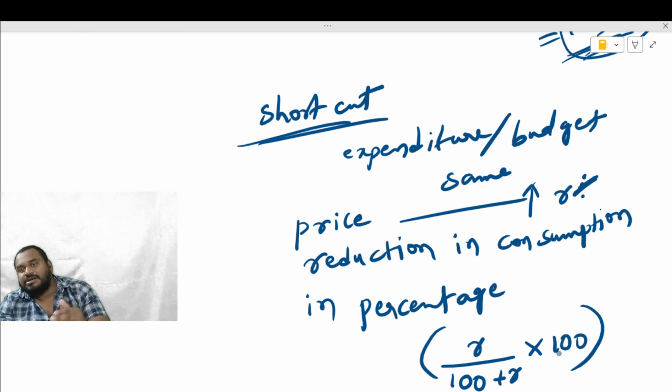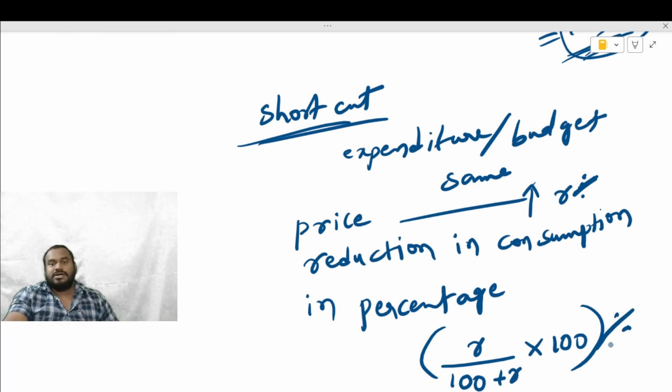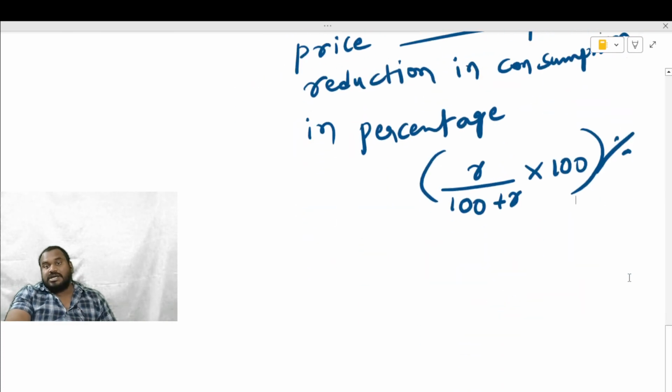R by 100 plus R into 100 is the percentage reduction in consumption. This is the formula. When price increases by R%, reduction in consumption is R by 100 plus R into 100%.